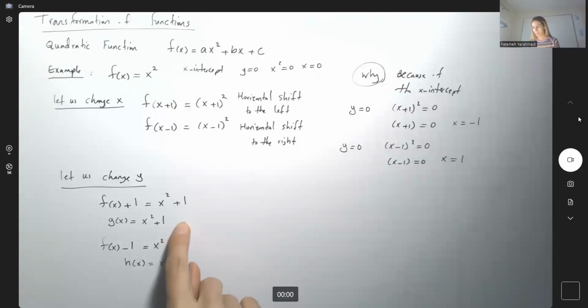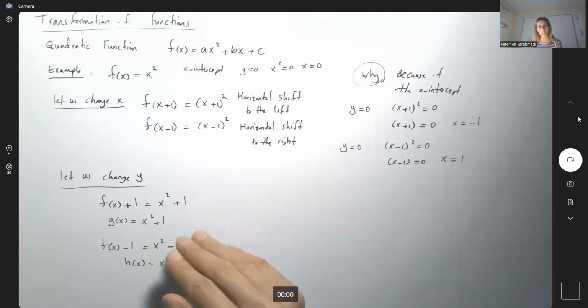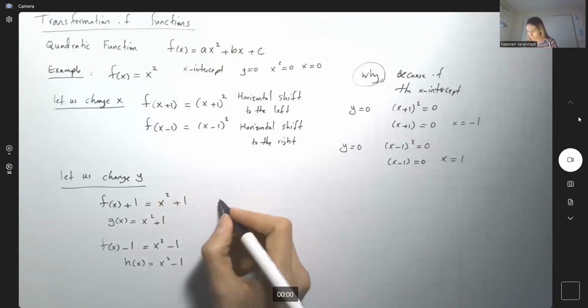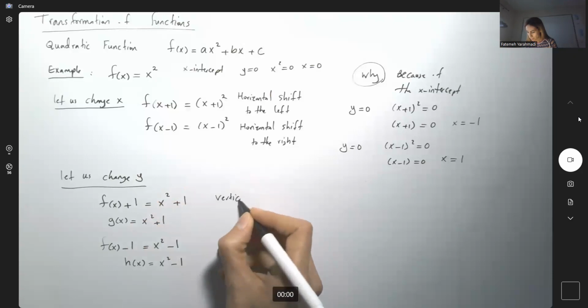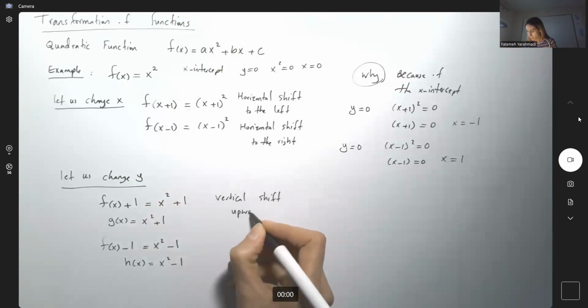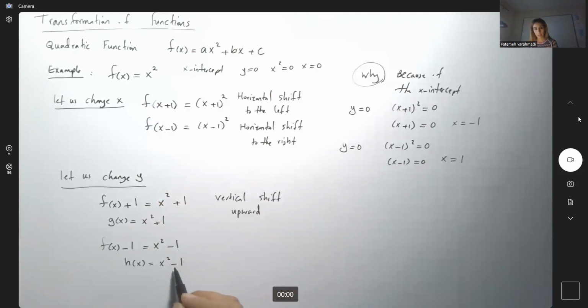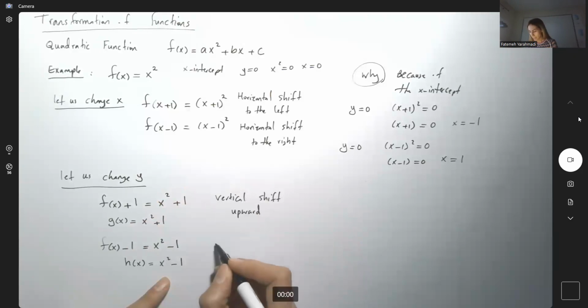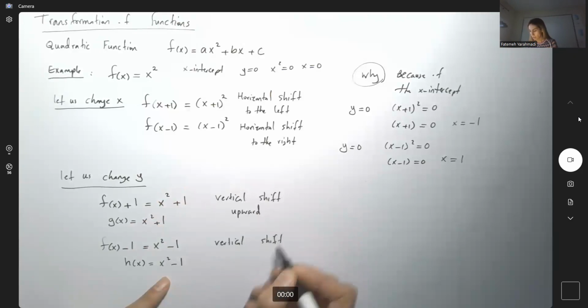If we add a unit, a positive number, to the function, we have a vertical shift upward. If I subtract a number from the function, I have a vertical shift downward.